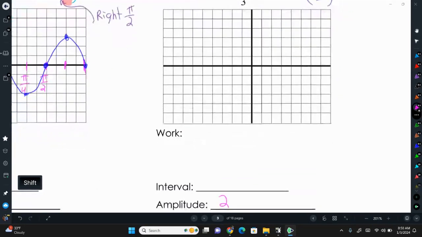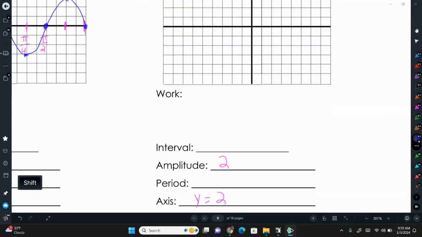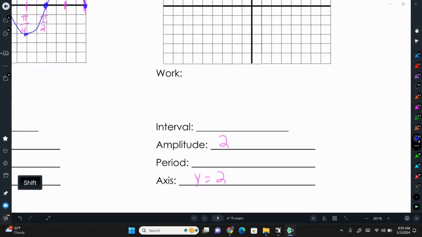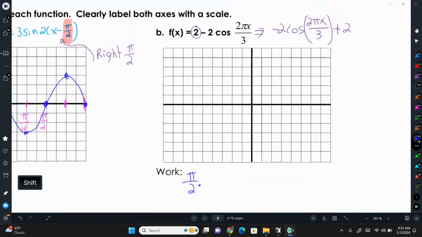Now let's do the work to calculate our interval and period. And we have some space here for the work on some of these problems, like especially this one where it's going to be a bit more complicated. Our interval, or you could do the period first, it doesn't matter, because remember, if you calculate the period, you could divide that by 4, and that will give you the interval. So our b value is actually 2 pi over 3.